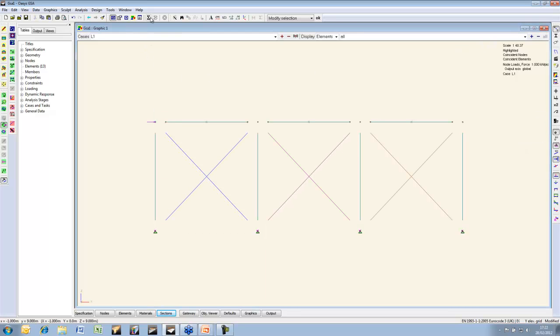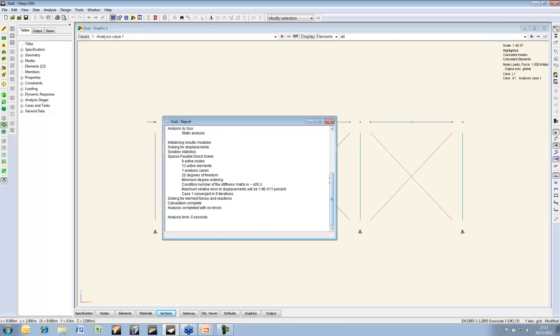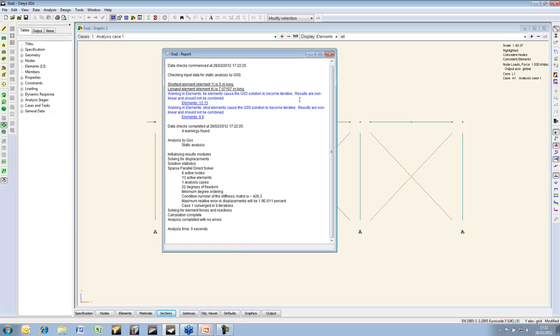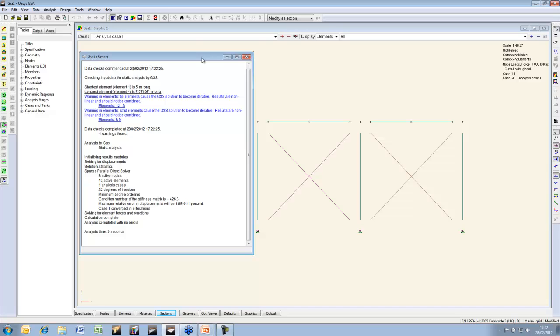So we'll analyse. The important thing is, if I analyse this, we note that we get some warnings that because we've got strut and tie elements, the solution could become iterative. But it has completed.